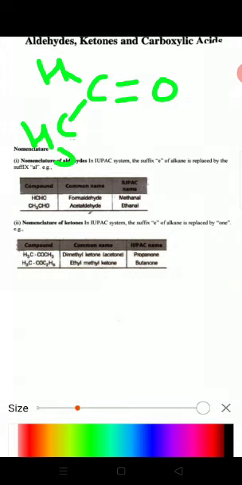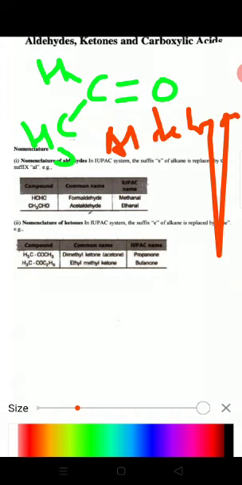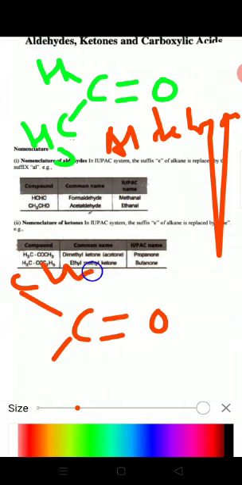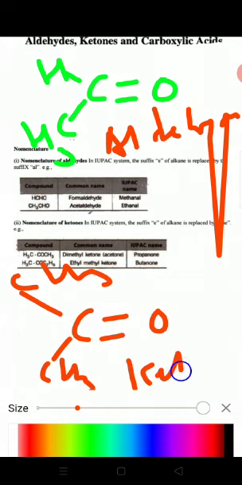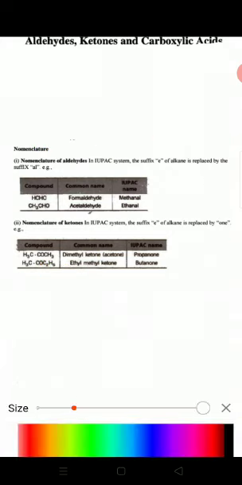These are the aldehydes. And what are ketones? In ketones, the carbonyl carbon is attached to two carbons of two alkyl groups. These are the ketones. In this way, we can distinguish between aldehydes and ketones.